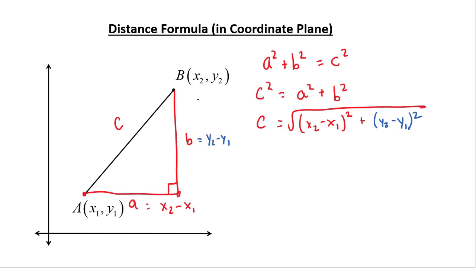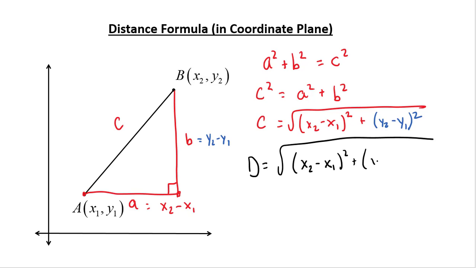So our distance formula is this, and I would make sure you have this written in your notes. D is just standing for distance: the square root of X2 minus X1 squared plus Y2 minus Y1 squared.